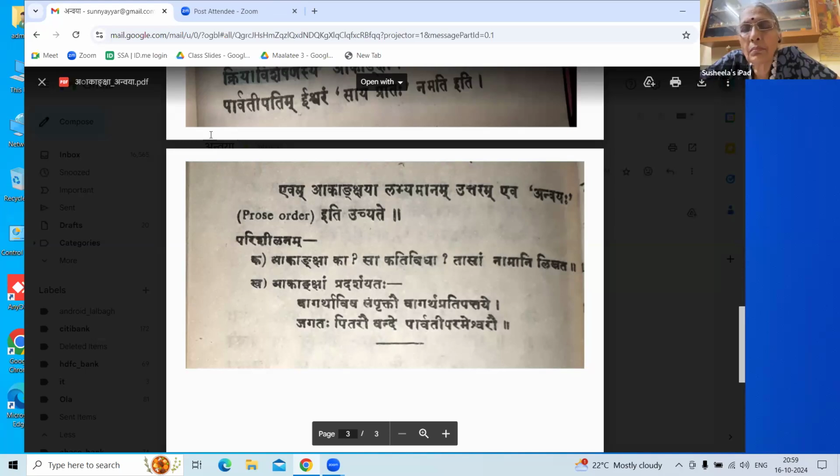Mitrena is Tritiya. Yeah, but I was thinking attribute, right? Like Atmaputrena, it's an attribute to Aham. I am going with Mitrena saha Vidyalayam gacchami. But how do we classify Mitrena saha? Also I don't know.